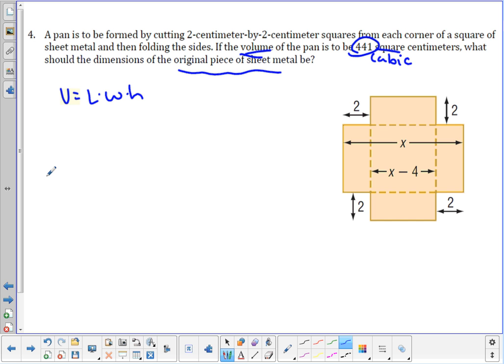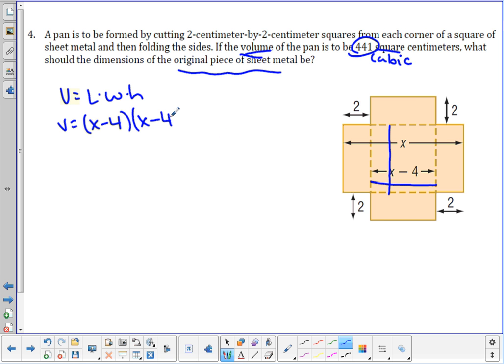I know the volume of the pan once it's created, so I need to think about what the dimensions of the pan are once it's created. Well, the length of the pan is going to be this bottom piece right here, which is x minus 4. The width of the pan is going to be the same thing because it's a square, x minus 4.